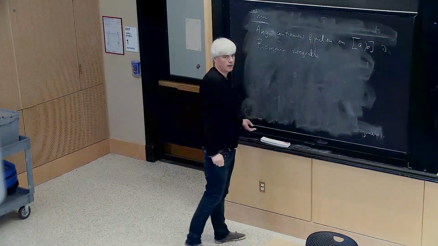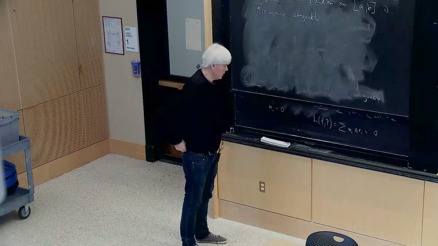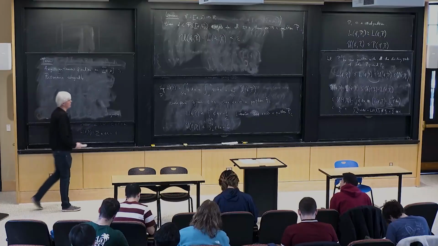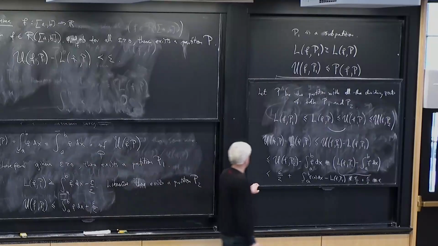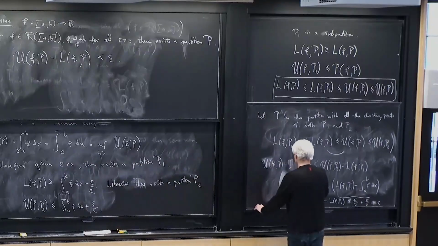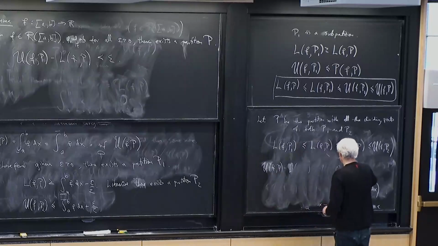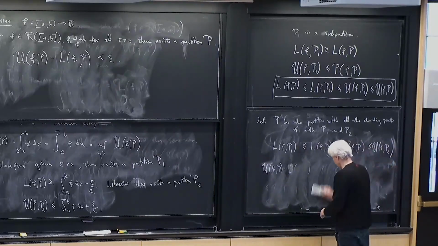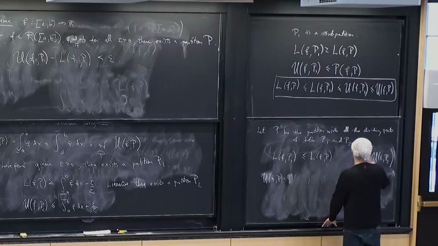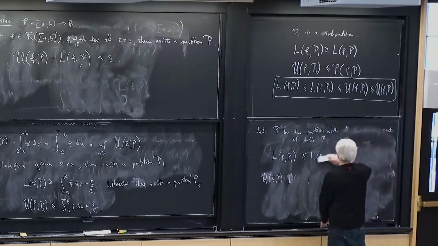Okay, so this is the next theorem that we want to prove. But in order to prove that, we need a tool, and this is what's called uniformly continuous. So to show this, we need the notion of being uniformly continuous. So what is that?